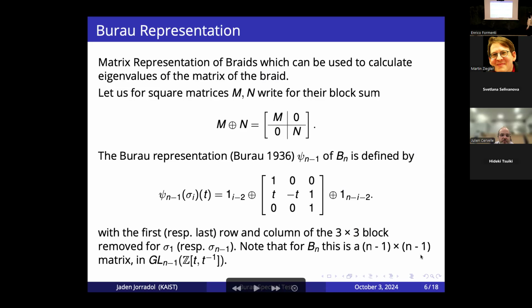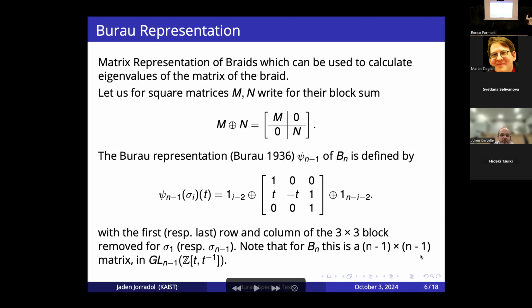So for example, sigma 2 can be represented using the identity matrix, and then blocked with that form of the matrix, and then blocked again with another identity matrix. So the matrix will look something like this, with 1 0 0, t, minus t, 1, and then 0 0 1 like this, and then 1 all the way down, and then 0 here, 0 here.